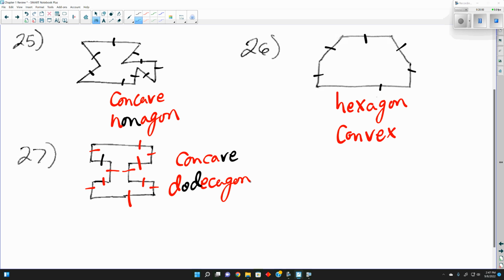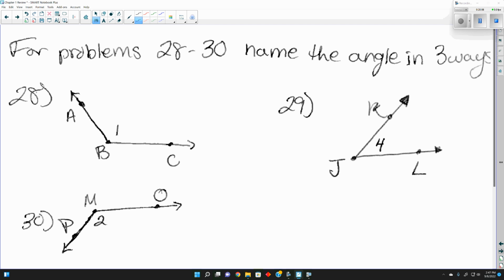Any other questions on 25 through 27? 28, 29, or 30? We feel comfortable with those there. We can do one of them if y'all want. Well, we can do 28.